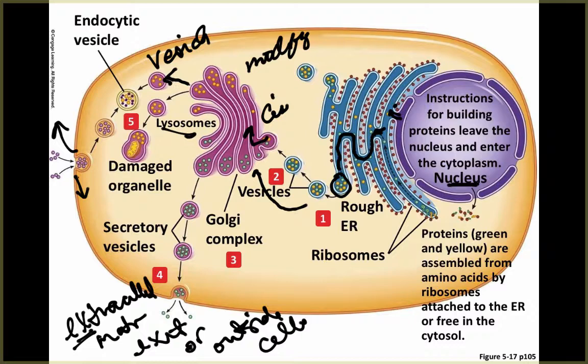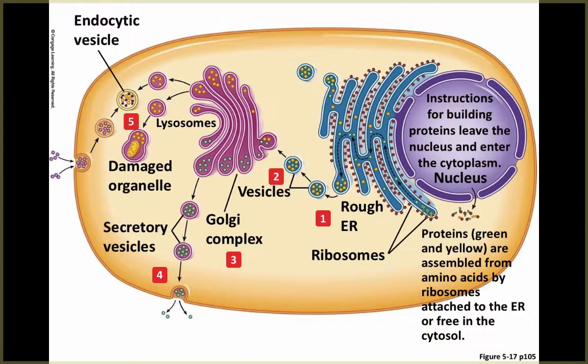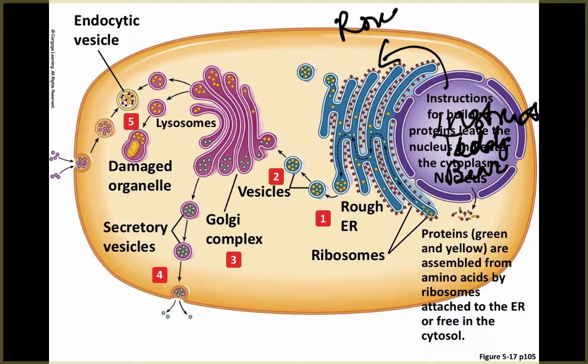So the best example I can give to you guys here is if all of a sudden you're like, you know what, I want to make teddy bears. The instructions on how to make the teddy bears would be made inside the nucleus. And then you would move them over to the rough ER, where they would make the teddy bears.